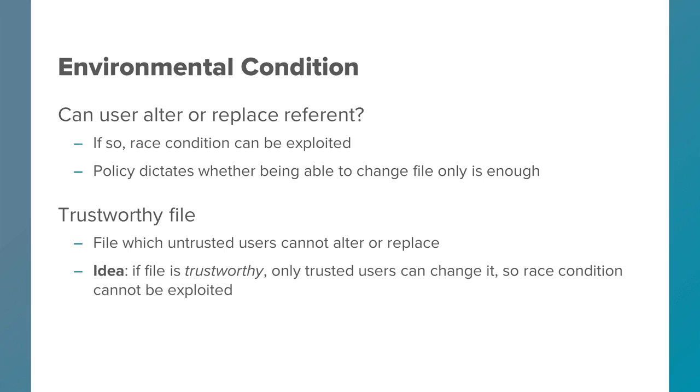And this brings up the whole notion of a trustworthy file. These are files which an untrusted user can't alter or replace. And the idea is, if the user is trustworthy, they're not going to exploit a race condition. Therefore, don't worry about them. If they are untrusted, then they will, and so you have to worry about them. And a trustworthy file is one that only trusted users can play games with. The next slide goes into this in a little bit more detail.